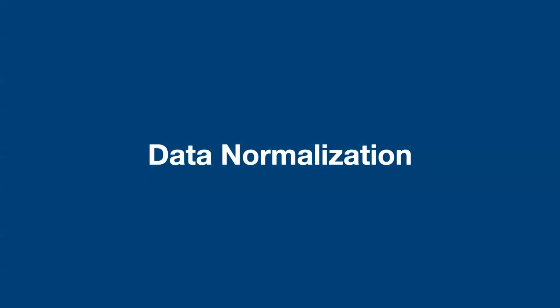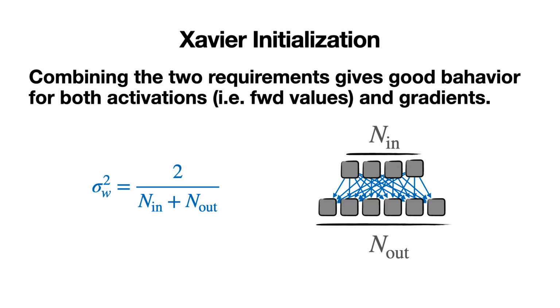Okay, so that's initialization. I should say the name: this is called Xavier initialization, and it's one of the default ways to initialize neural networks. Basically, we're taking the mean of the input and output channels.